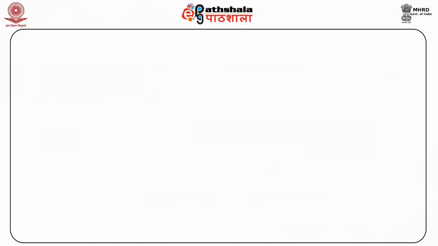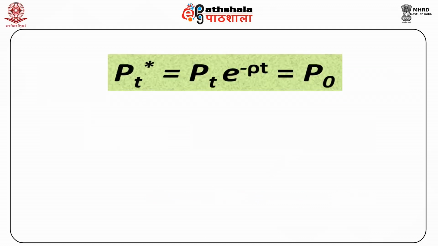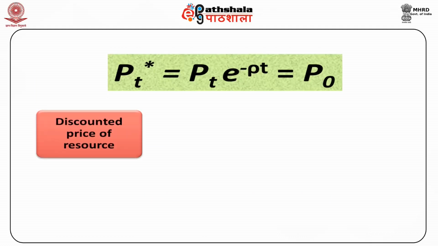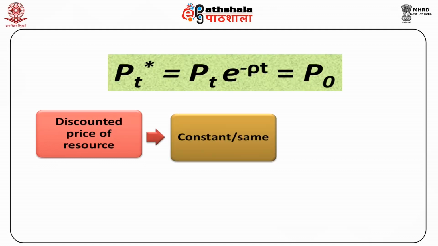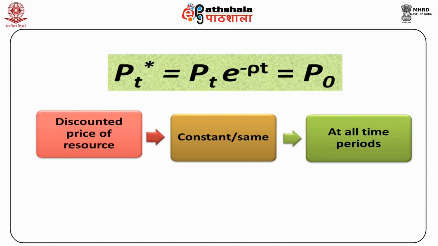The equation P*_t equals P_t e^(-rho t) equals P_0 states that the discounted price of the natural resource is constant along an efficient resource extraction path. This is another way of saying that the discounted value of the resource should be the same at all time periods.